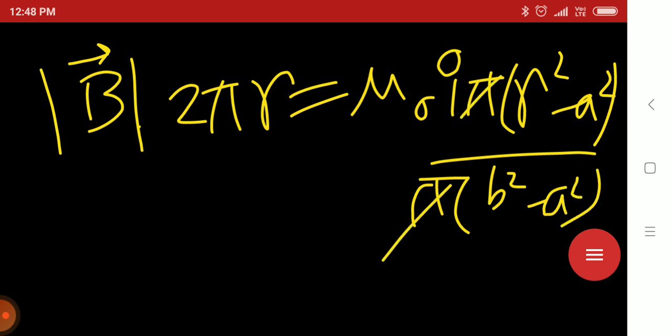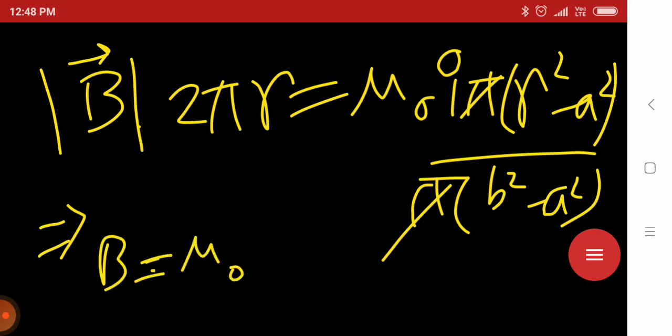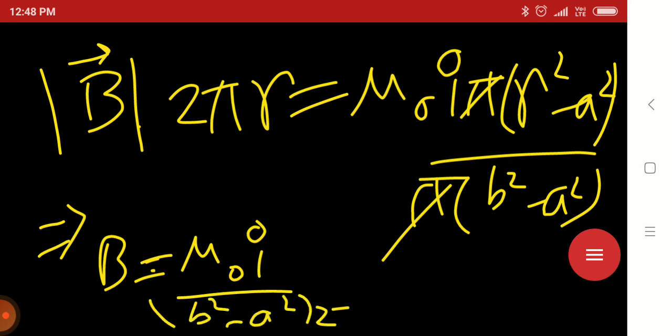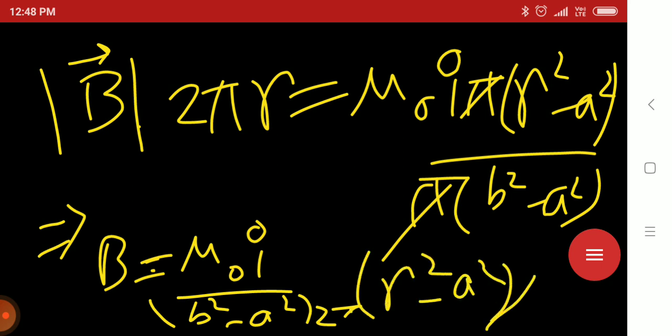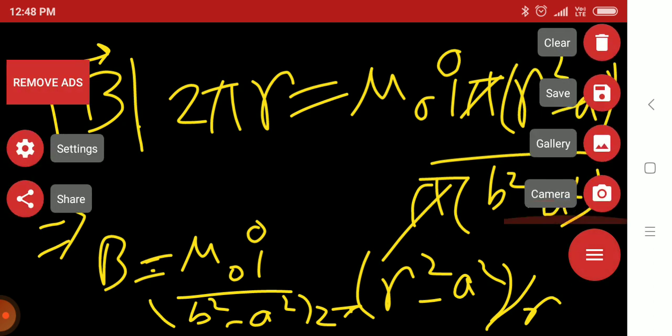So B will be B equals mu naught times I by b square minus a square, times r square minus a square by 2 pi r. I'm writing the answer properly.